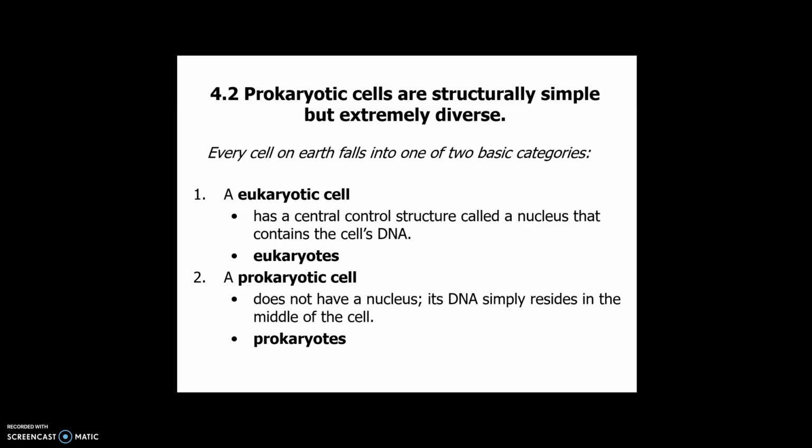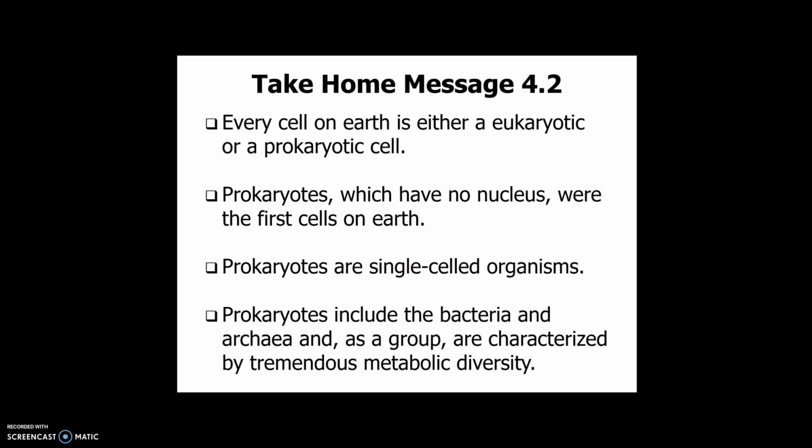Eukaryotic cells versus prokaryotic cells. You're going to learn the distinguishing characteristics for each one of them. Pretty much prokaryotic cells are bacteria cells, and eukaryotic cells is what every other organism that is not a bacteria cell is made of on the face of this planet as of today.